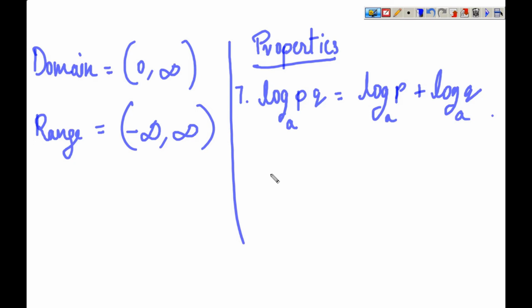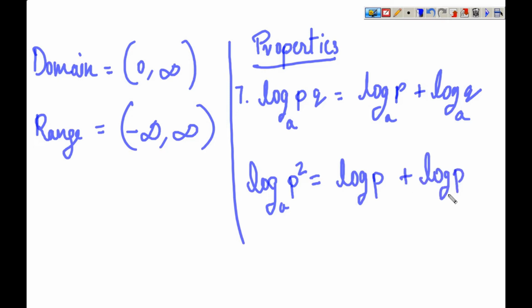Similarly, using this rule, we can write log of p square, which equals log of p plus log of p, which is 2 log to the base a of p.